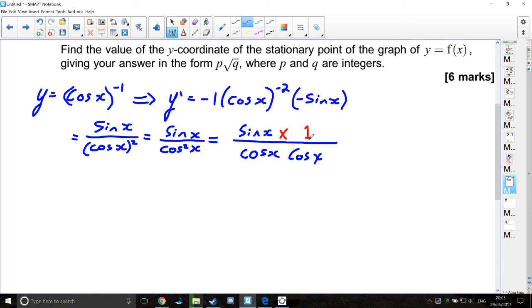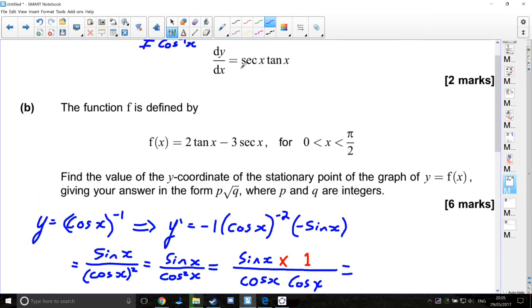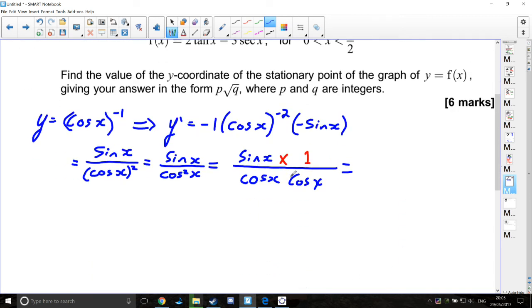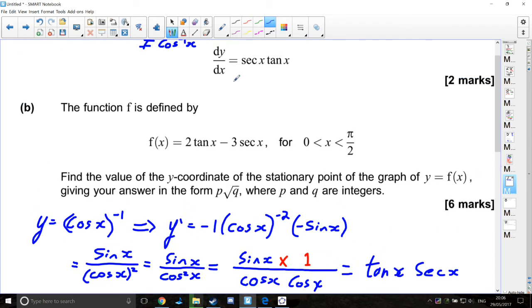This is sine x times 1 over cos x times cos x. It's exactly the same thing as I had before. And this allows me to really see how this comes about. We've got sine x over cos x, which is tan x, and we have 1 over cos x, which is sec x, which is pretty much what they've got there. I'm not going to be pedantic enough to rewrite that, but that is what we have.